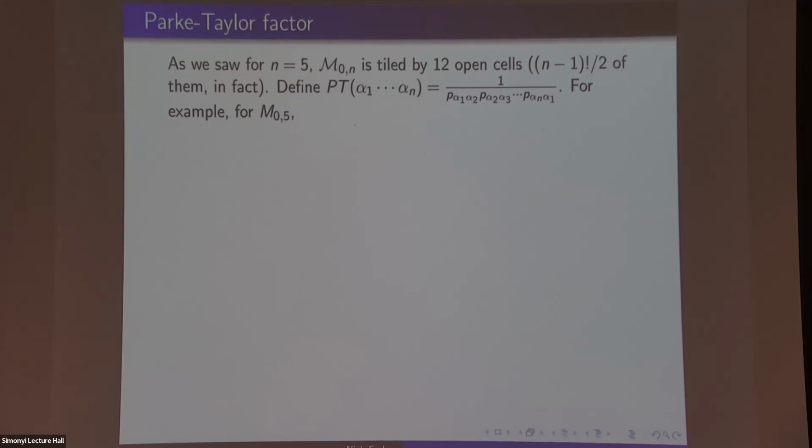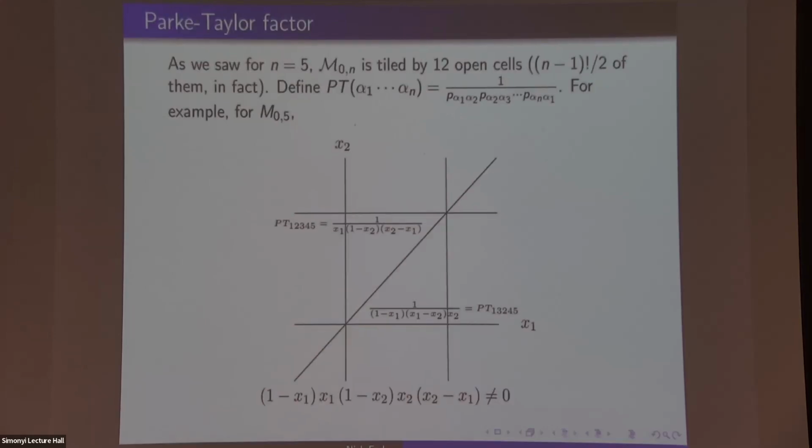So for example, for M05, for the 2 bounded tiles, we have the following 2 rational functions, the 2 Parke-Taylor factors. And you can see that you get all the bounded things. So the Parke-Taylor factor has a manifest singularity on each of the 3 facets. So from now on, by M0n you mean real points?